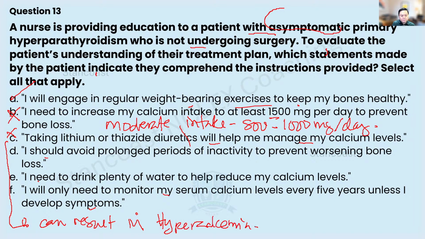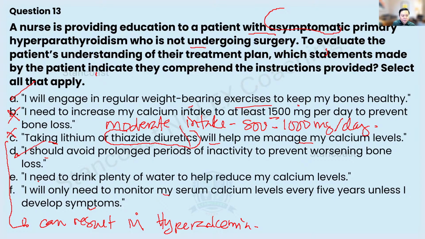I've already mentioned this earlier in the previous item. The thiazide diuretic can cause conservation of the calcium ions, and that is why we are not going to select that. Same thing with the lithium. It can lead to hypercalcemia. If you answered letter D, I should avoid prolonged periods of inactivity to prevent worsening bone loss, this is reflecting understanding. Very good if you answered that.